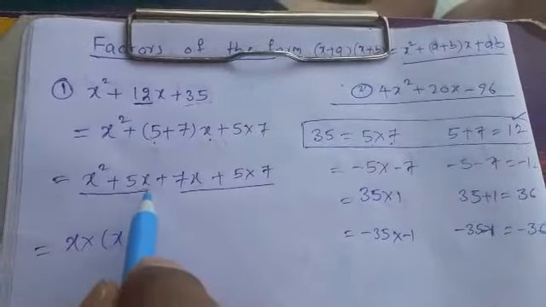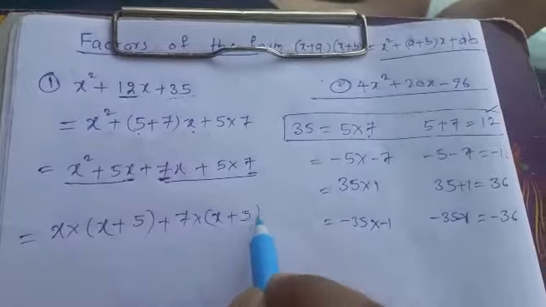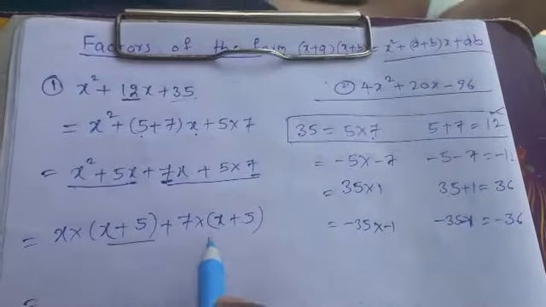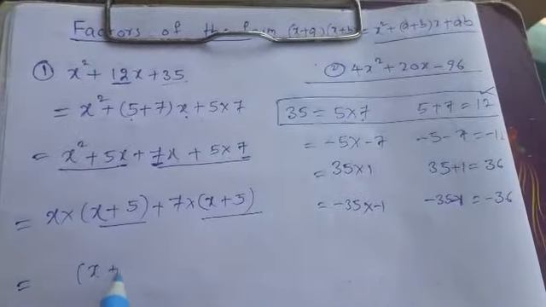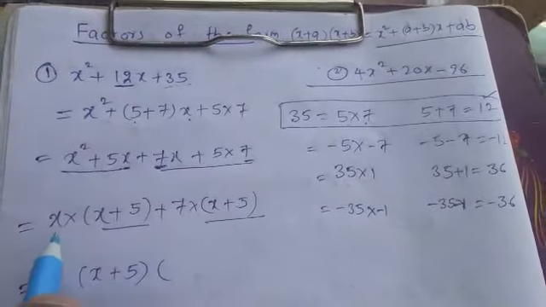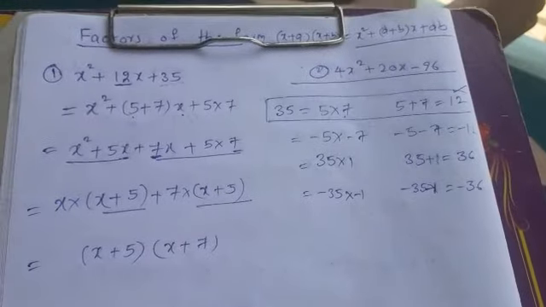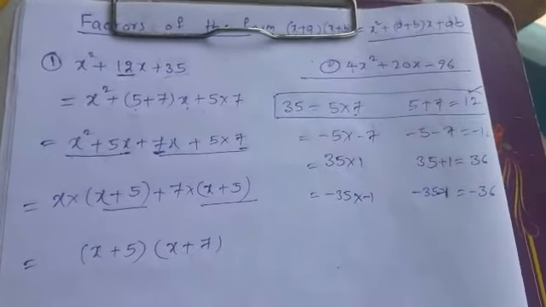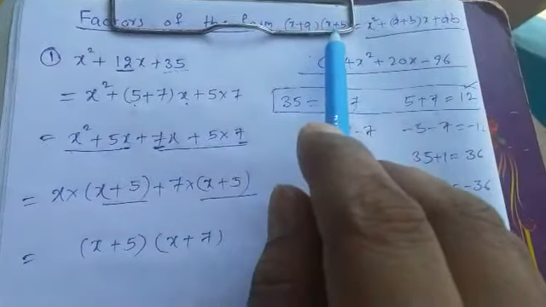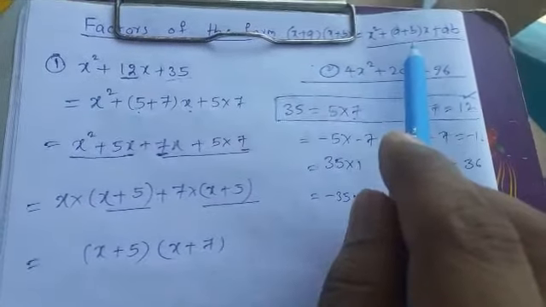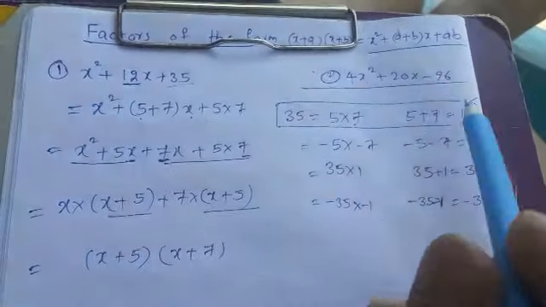What is the remaining? x + 7. This is the method of factorization using (x + a)(x + b) = x² + (a + b)x + ab.